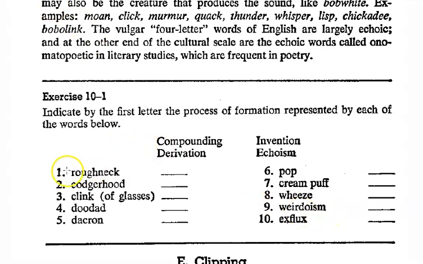Okay, number one, roughneck is a compound. So the process that took place in this word is compounding. Number two, conjugate, derivation. Number three, clink.